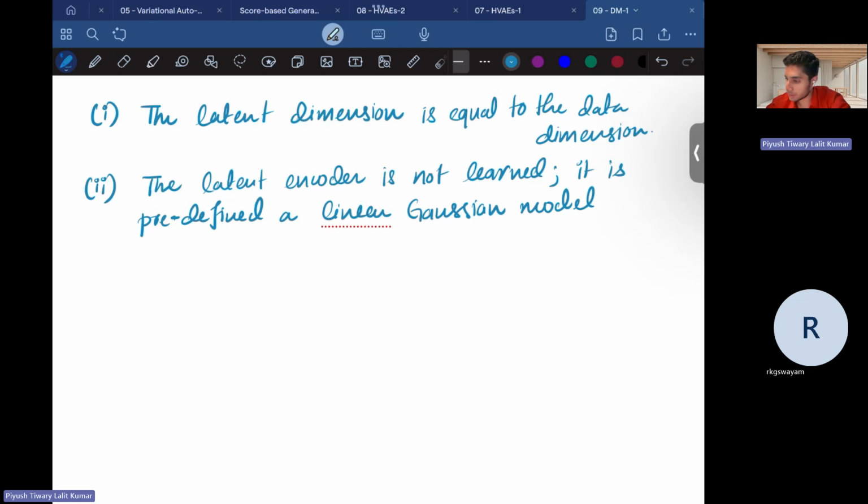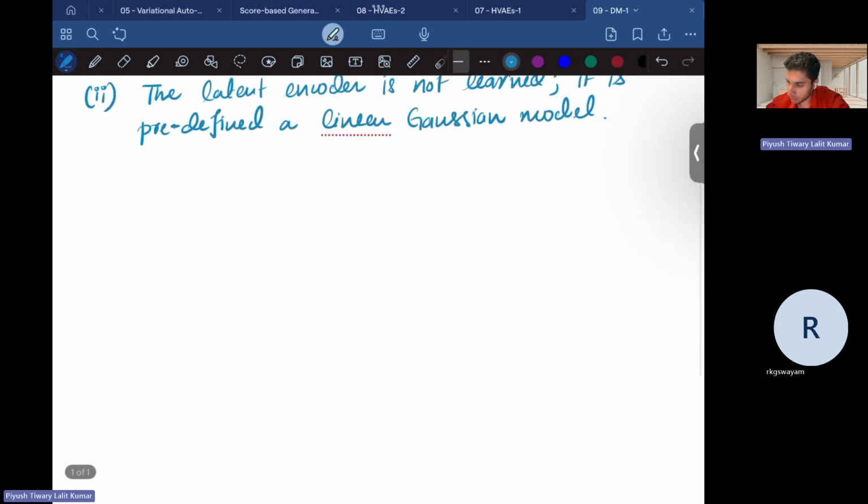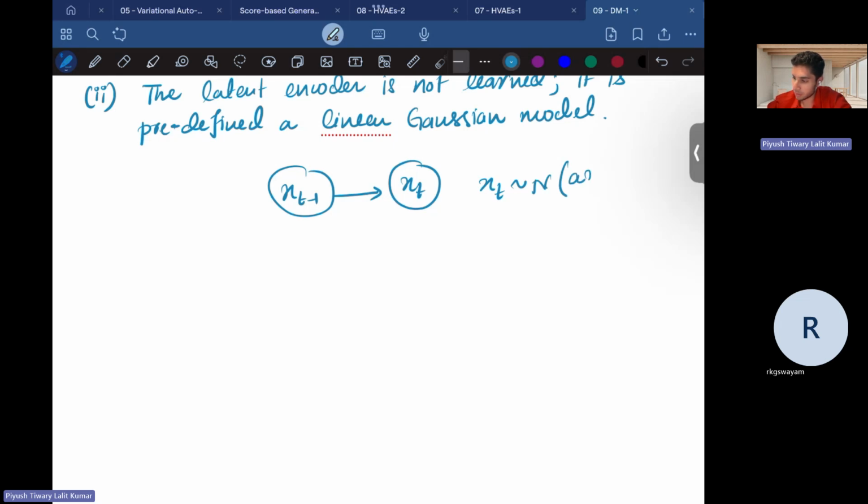So you can think about it like this: let's say you are at time xt, and the previous latent was xt minus 1, so the encoder is going in this direction, right? So you can think that your xt is coming from a Gaussian distribution centered around xt minus 1 with some variance, sigma square.